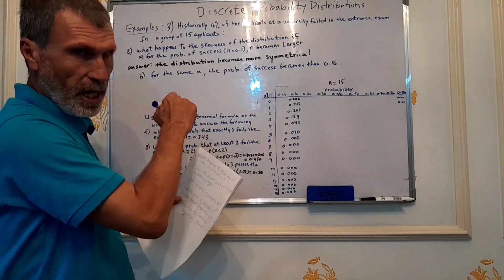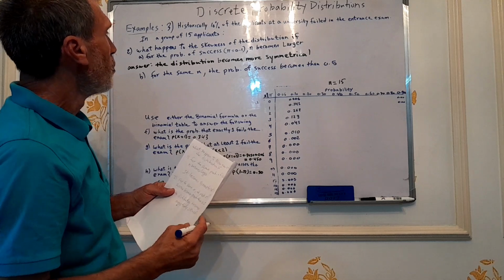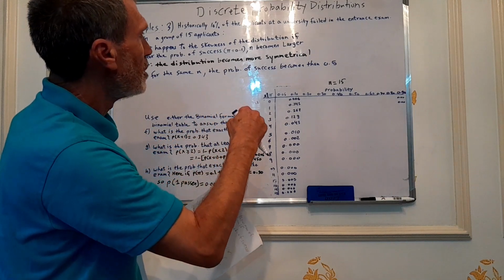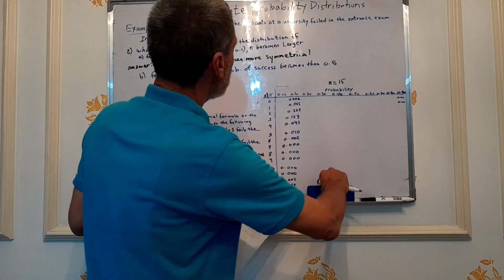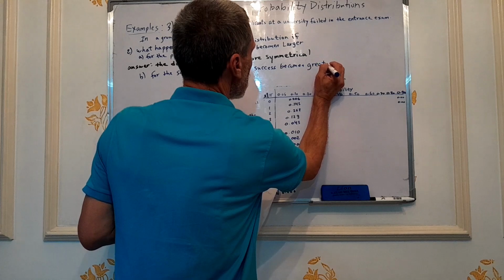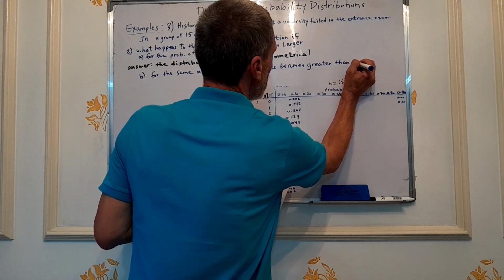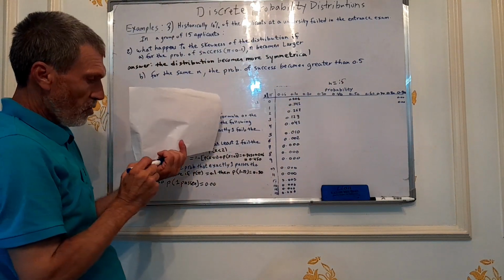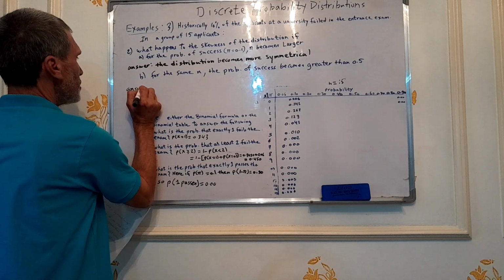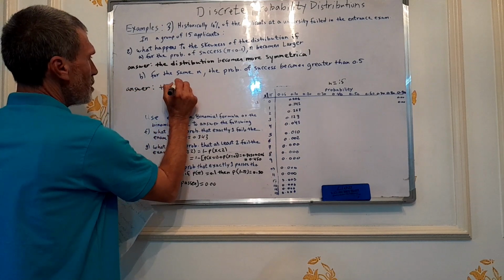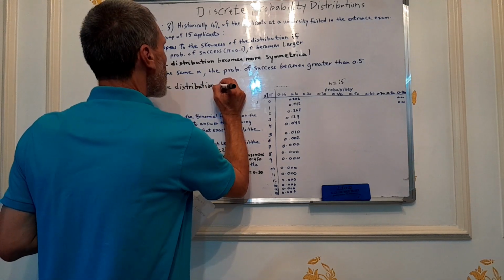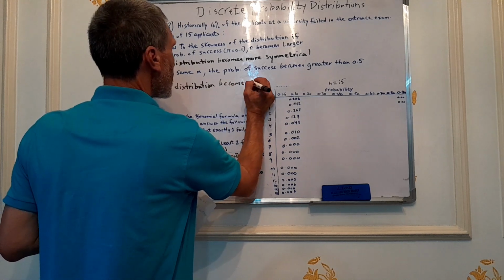The same thing, we discussed that in this lesson, and we said when n remains fixed and the probability of success becomes greater than 0.5, then the answer here is that the distribution becomes negatively skewed.